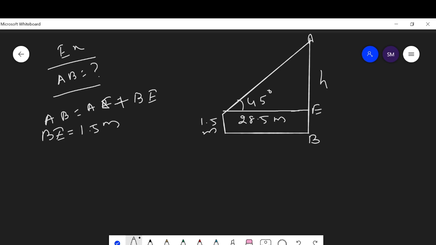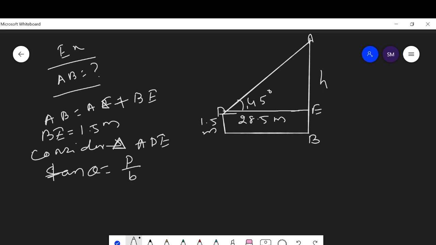Let the point be D. Consider the triangle ADE. You know that this is the angle of elevation. Then tan theta is equal to perpendicular upon base. Here tan 45 degree is equal to AE upon DE.